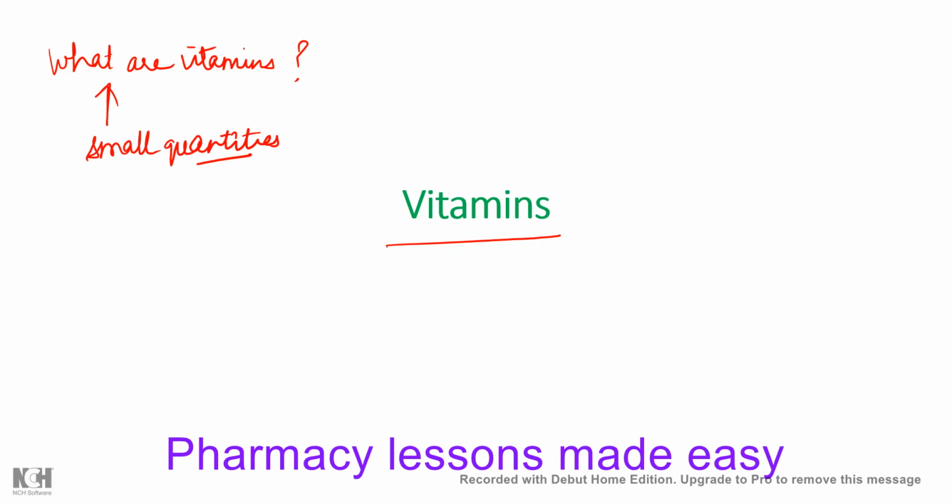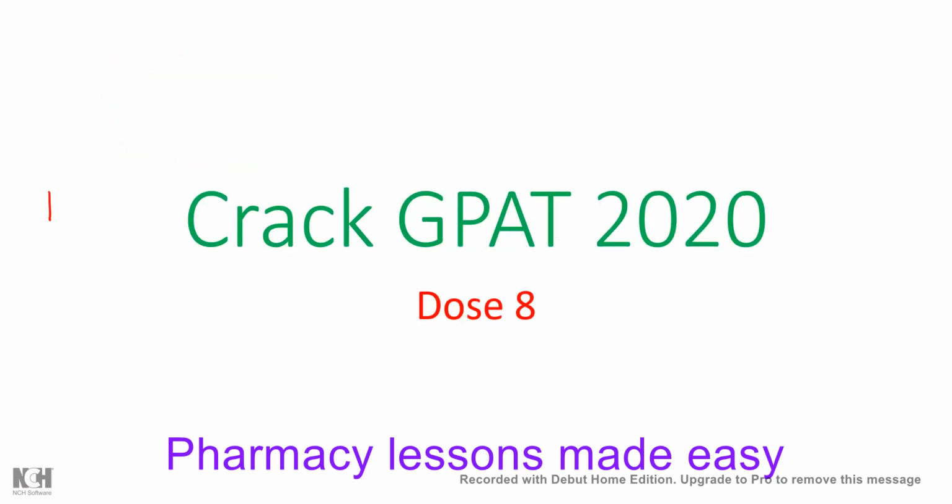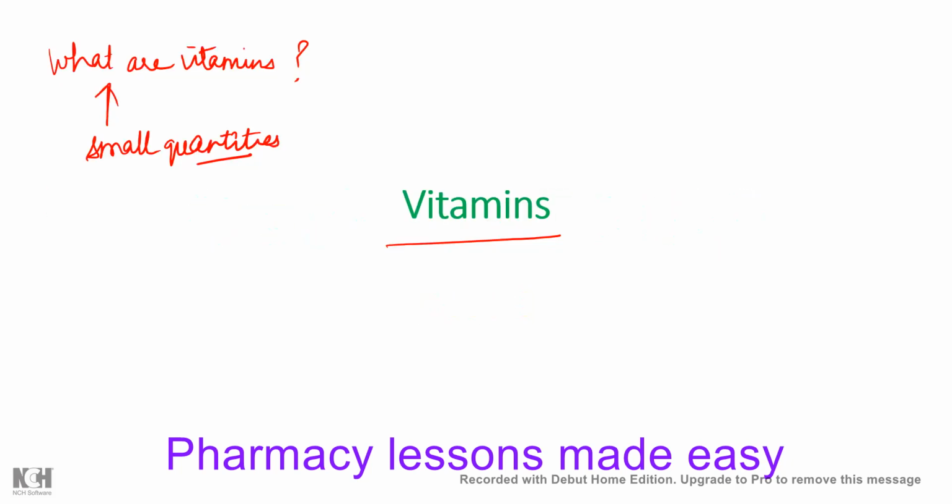A useful working definition is that a vitamin is an organic compound which is chemically different from main nutrients. Main nutrients such as fats, carbohydrates, proteins, like that.